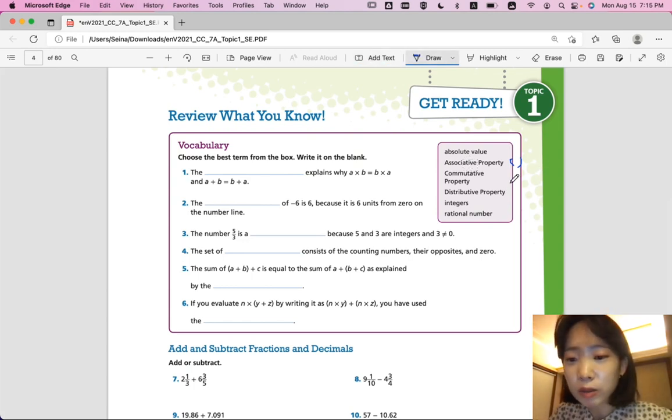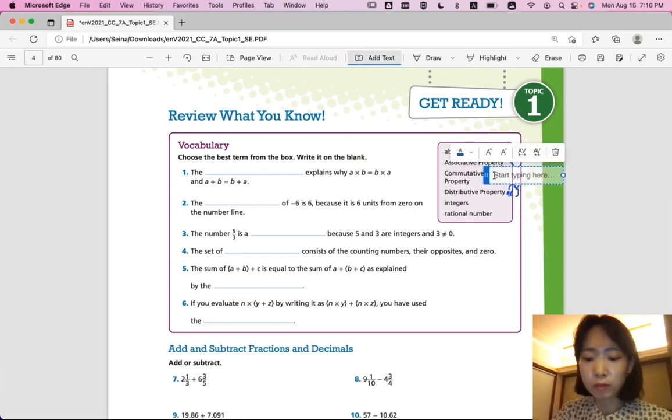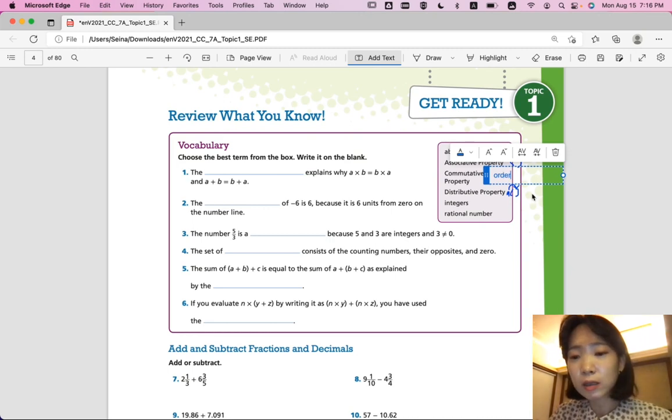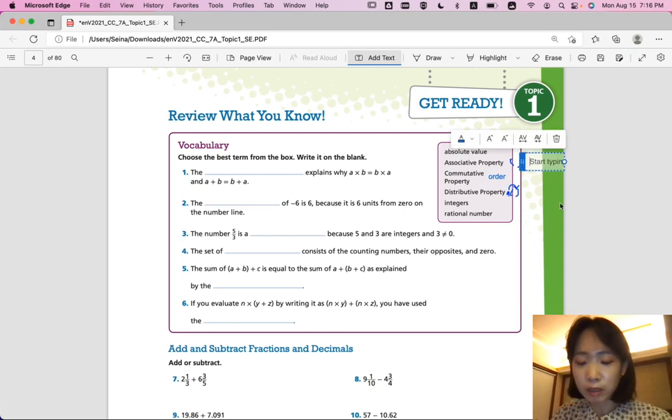Distributive property also involves parentheses, but it has to do with distributing something inside, so it involves multiplication. And commutative property has to do with order. If you change the order and it's the same, that is a commutative property. Associative property is when you change the grouping of parentheses.